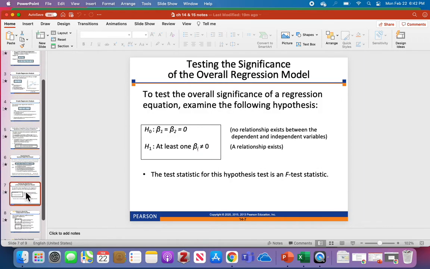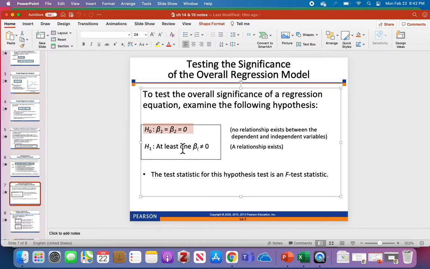So what we look at to start out with is we're going to have to do a couple of tests. We're going to start the same way we started with the simple linear regression, where we've got all of our betas or all of our correlation coefficients equal to 0, basically saying that there is no relationship between the dependent and independent variables.